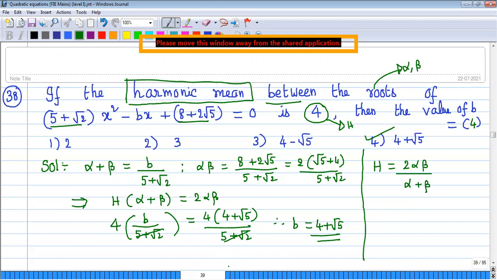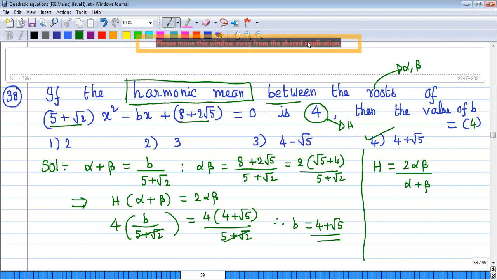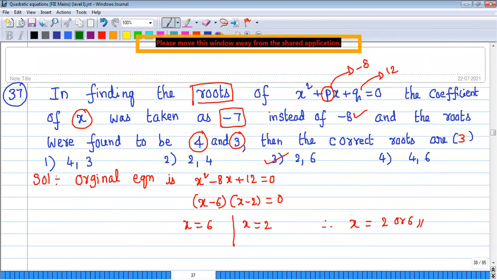Actually yesterday we committed a mistake in the 34th question. Later I tried myself. That was wrong. Instead of irrational, we just selected the rational. That is incorrect. Show the 34 problem, sir. 34, oh God.